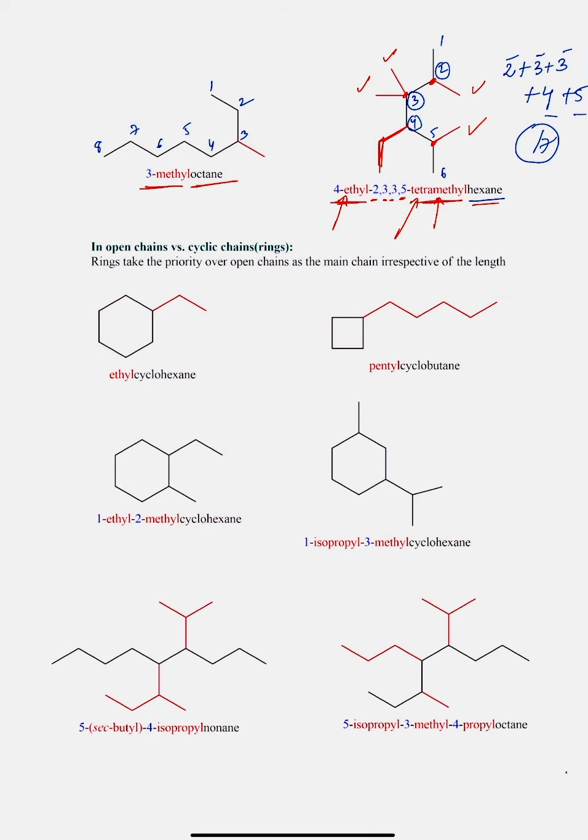In this compound, we have a 6-membered ring, so the suffix becomes cyclohexane and it is attached to an ethyl group. So you have ethyl cyclohexane. Now observe that this is a cyclic compound, and that's why there is no numbering on the substituent, because the substituent can be attached to any carbon and all the carbons are identical.